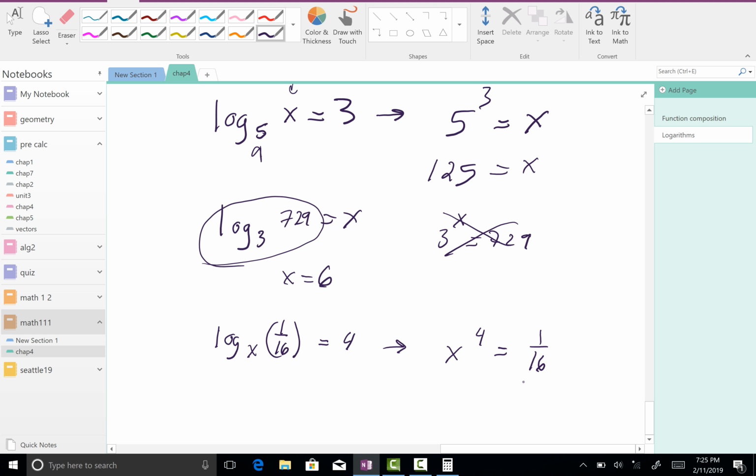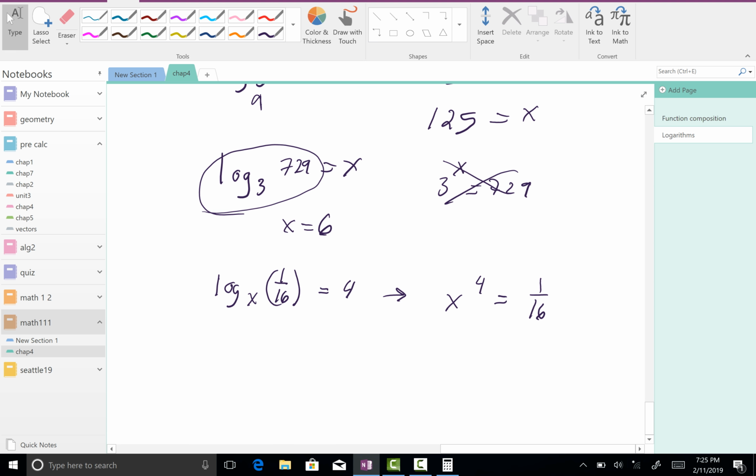All right, so, again, this looks pretty complicated. This may be not so bad. How would we figure this out? How do we get rid of that x to the 4th? How would you get rid of it if it was x squared? Square root. What if it was x to the 3rd? So we're going to do a 4th root then. We'll do a 4th root.